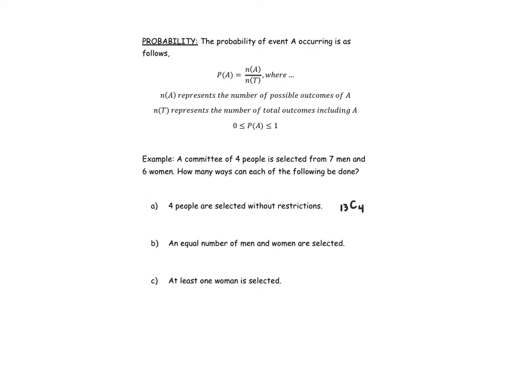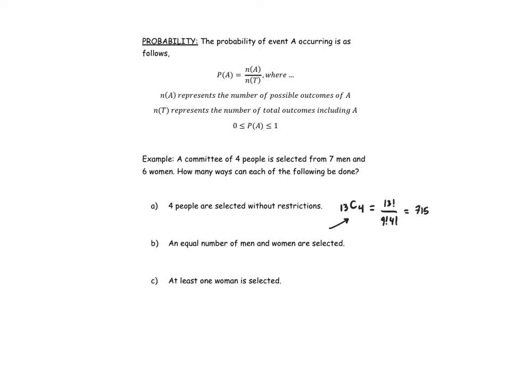Now, I would encourage you to get comfortable with your calculator. Of course, this would be algebraically equivalent to 13 factorial over 9 factorial, 4 factorial. However, with your calculator, you can simply press the math button, go over to the probability tab, and find nCr. Plugging in a 13 for n and a 4 for r, you get 715 possibilities.